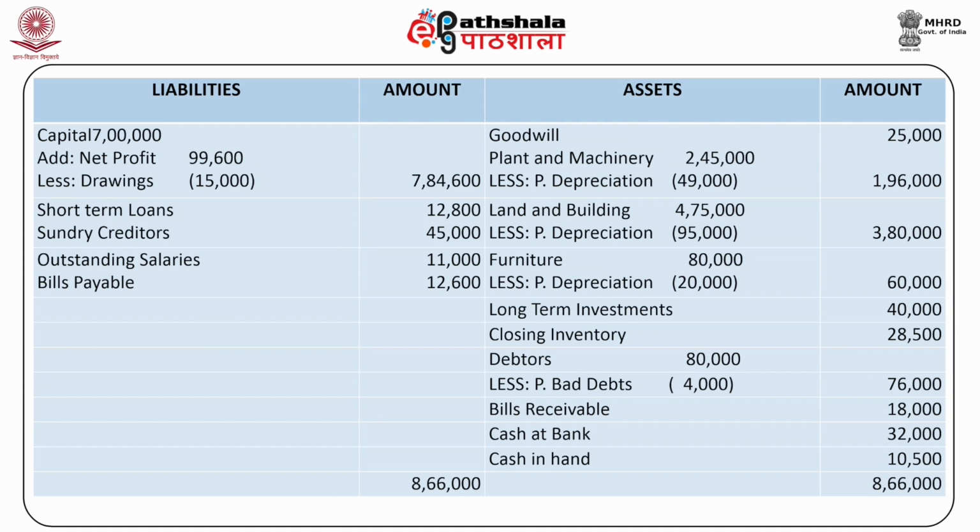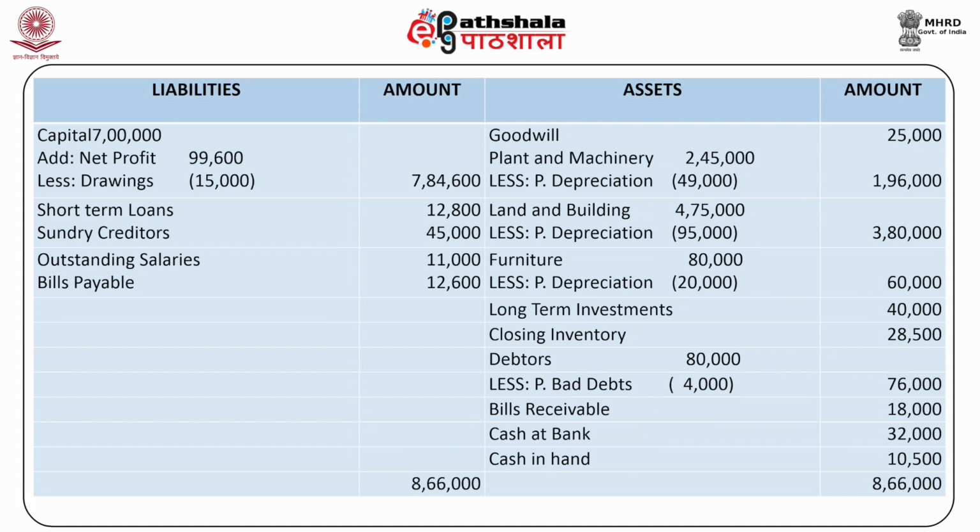On the asset side, we can observe goodwill 25,000, plant and machinery 2,45,000, less depreciation of 49,000. The balance is 1,96,000. Land and building 4,75,000, less depreciation of 95,000, giving a figure of 3,80,000. Furniture 80,000, less depreciation of 20,000, gives a figure of 60,000.